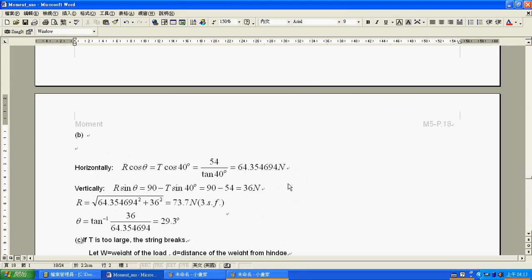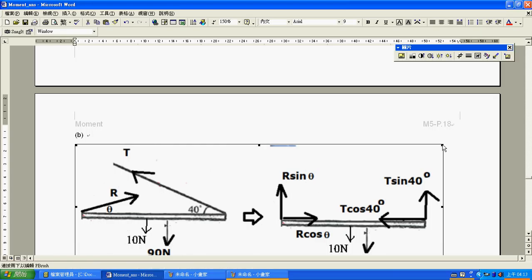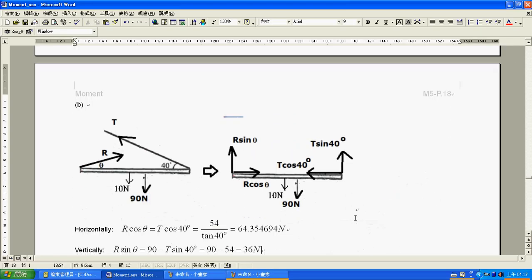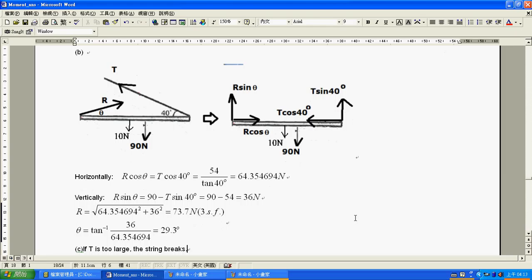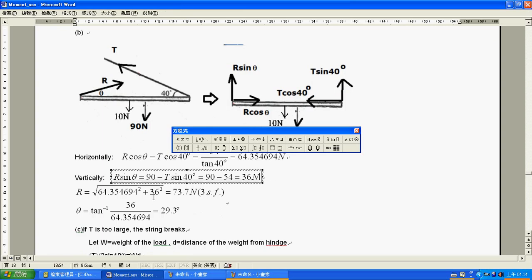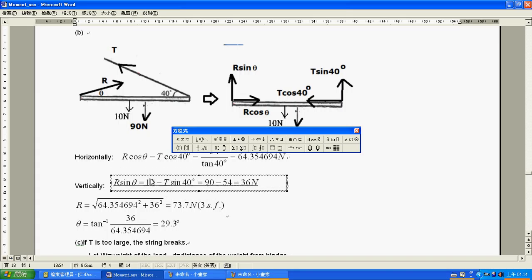So this part, then we make it a little bit smaller. Now horizontally it's the same, okay, and vertically it's a bit different. Now the R sine theta is equal to the sum of the downward force, which is 100, minus T sine 40 degrees.